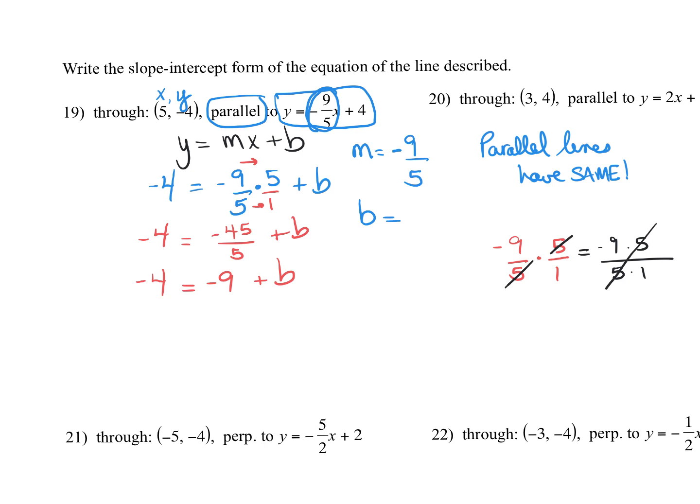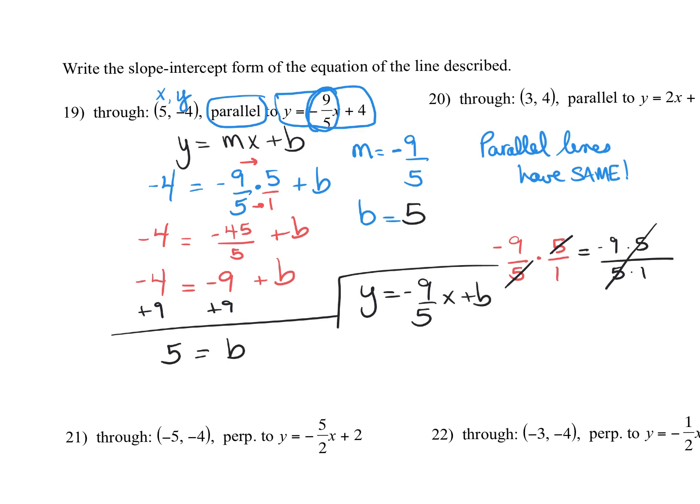And so then to solve for b, I'm going to add 9 to both sides. And I get b is +5, because -4 plus 9 is 5. So my equation is y equals -9/5 x plus 5.